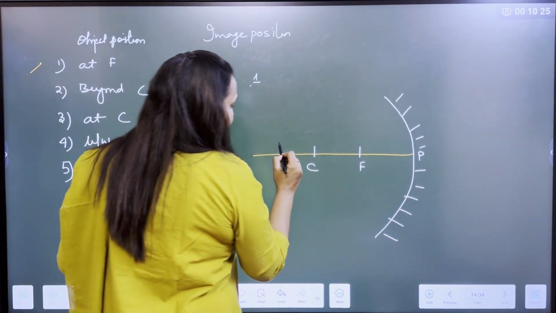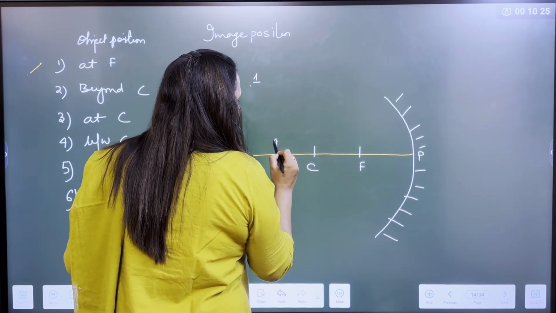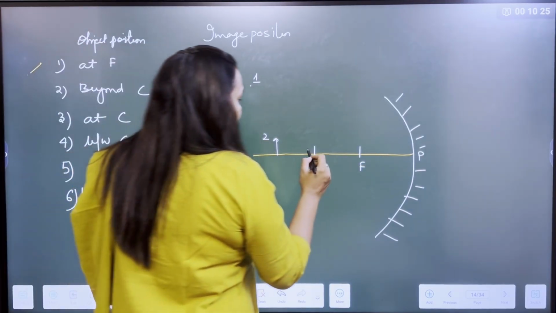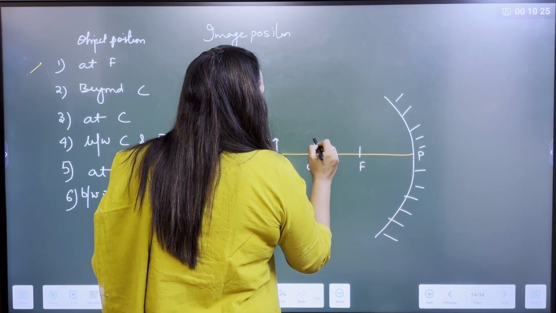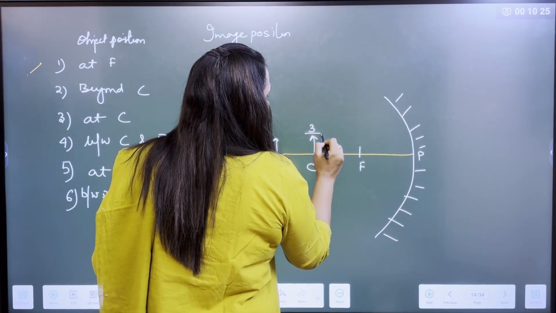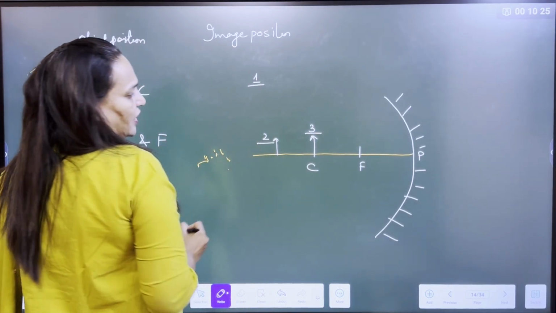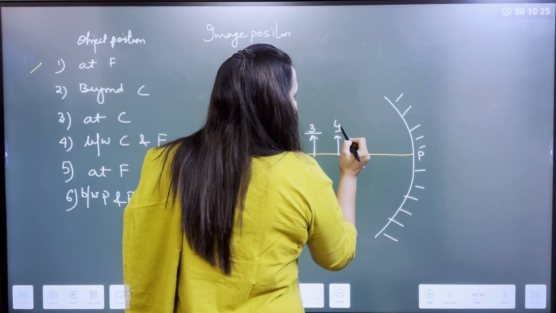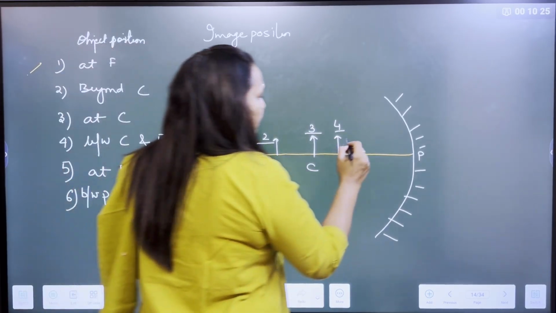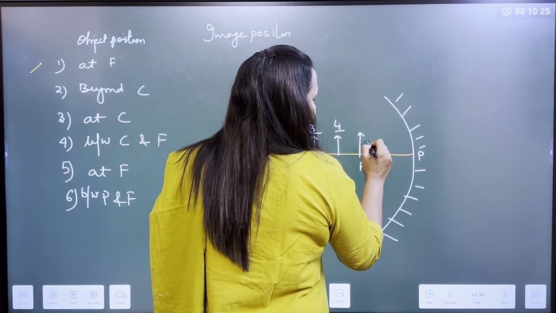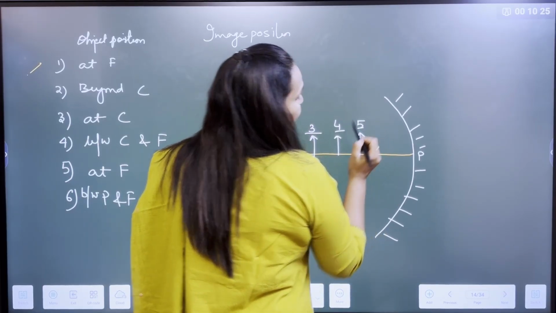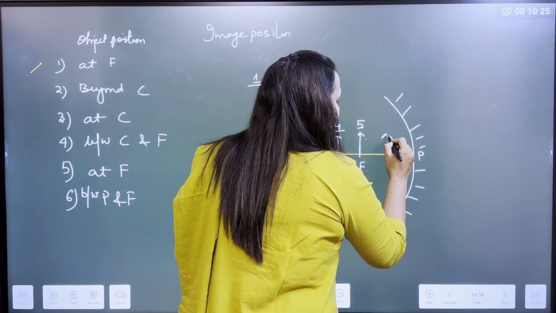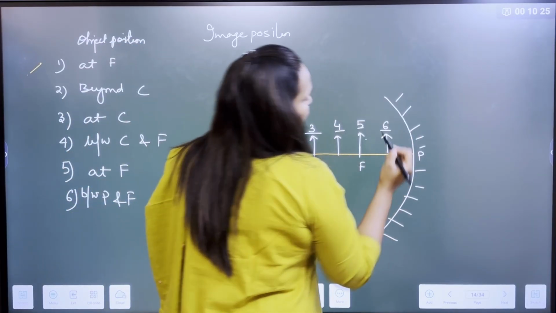Second position of the object is this, beyond C. Third position of the object is at C, right? Fourth position of the object between C and F. Fifth position of the object is at F. And the sixth position of the object is between F and P.